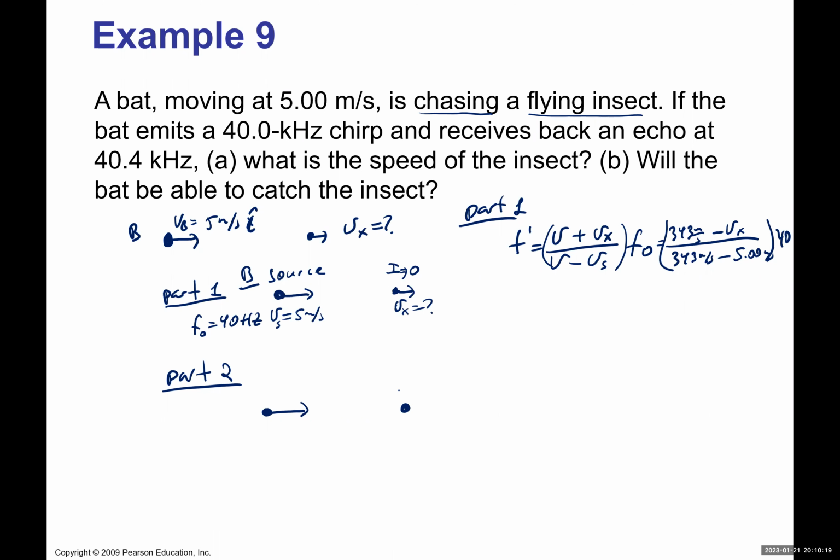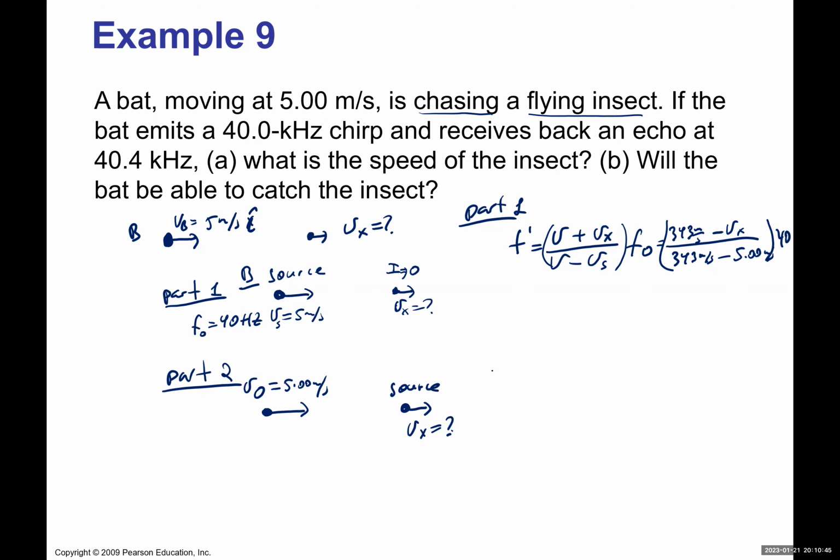Here's my source, and here's my observer. The insect is moving to the right, and now I know the velocity of the observer, which is 5 meters per second. Vx is unknown for the source at this point.